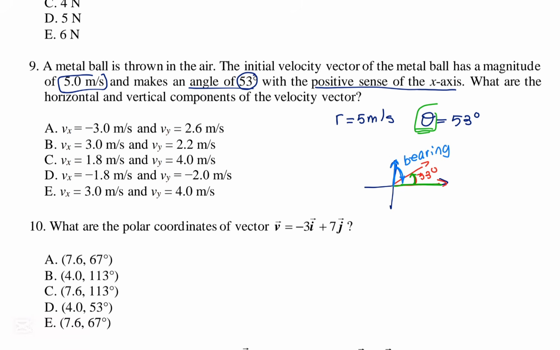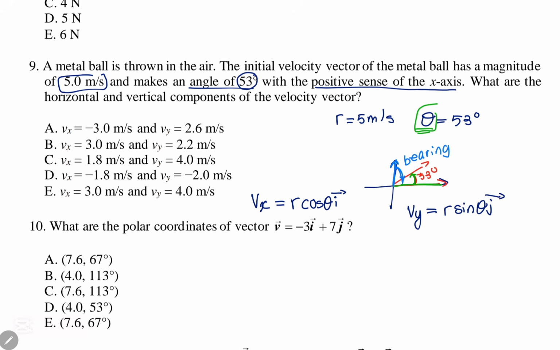Okay, so now they want the vertical and the horizontal components of the velocity vector. So there is an equation you need to know. In order to find the velocity x, for example, or like the x vector, very simply, the equation is going to be v initial, or like r, cosine theta, and don't forget to add the i if you're dealing with the regular one. And then Vy, it would be what? It would be R sine theta j, okay?